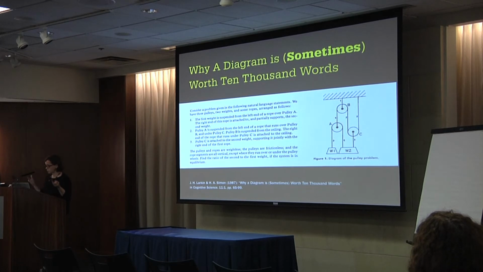It supported perceptual inference, it facilitated recognition, and it facilitated search due to the spatial location of the information that needs to be together, rather than having to look for it over the list.